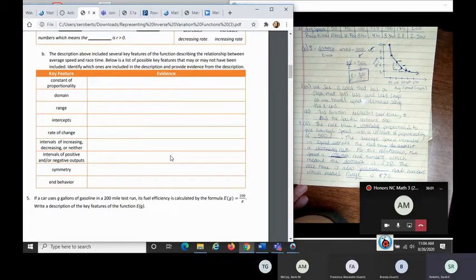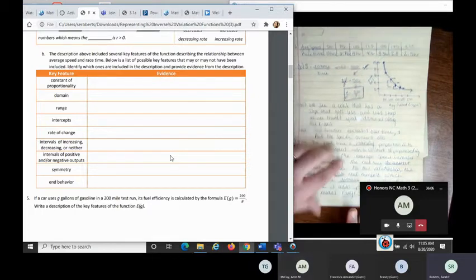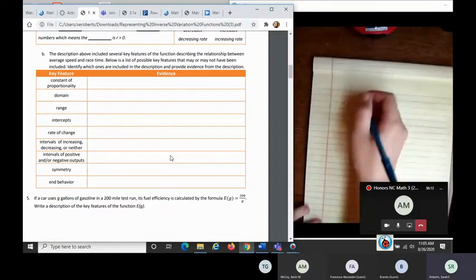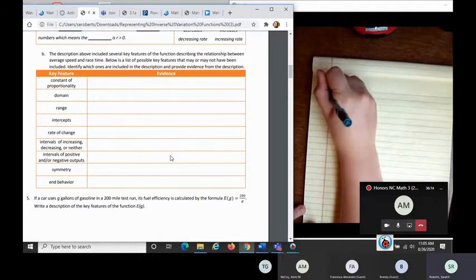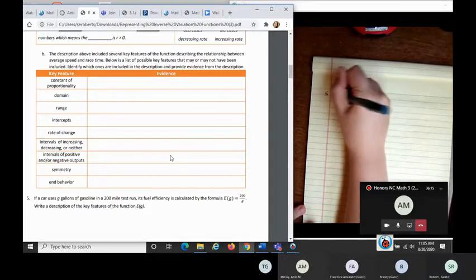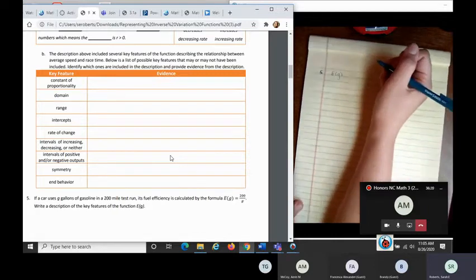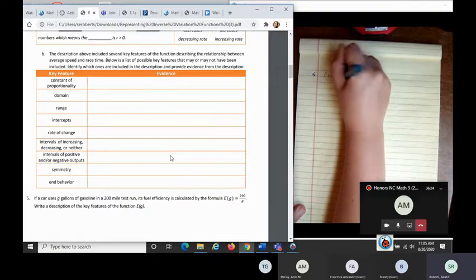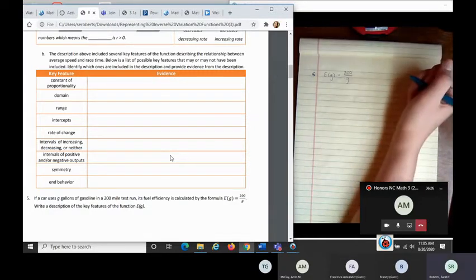And it's talking about fuel efficiency, and it gives you the relationship that E represents the efficiency, and we're inputting the number of gallons of gasoline. It's 200 over G. So that's the relationship. And it says, write a description of the key features.